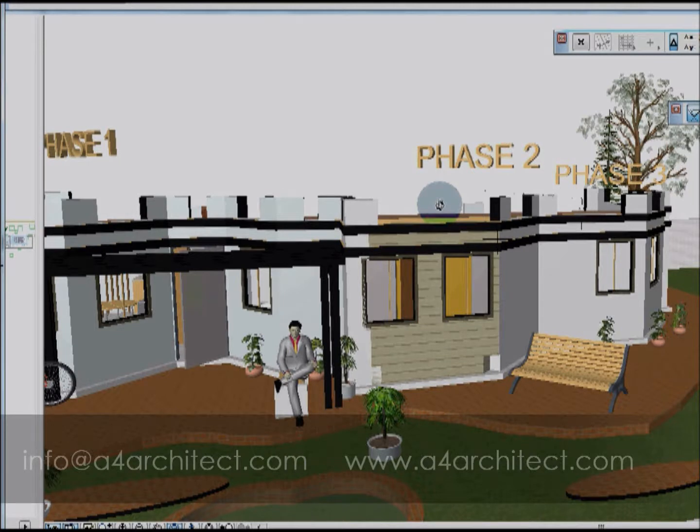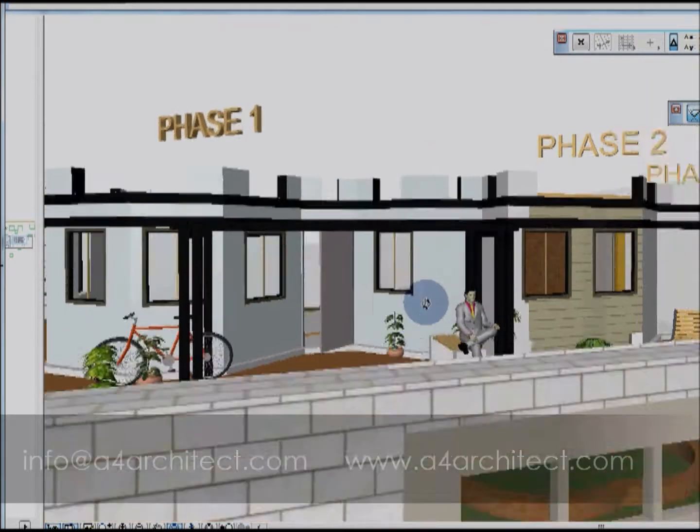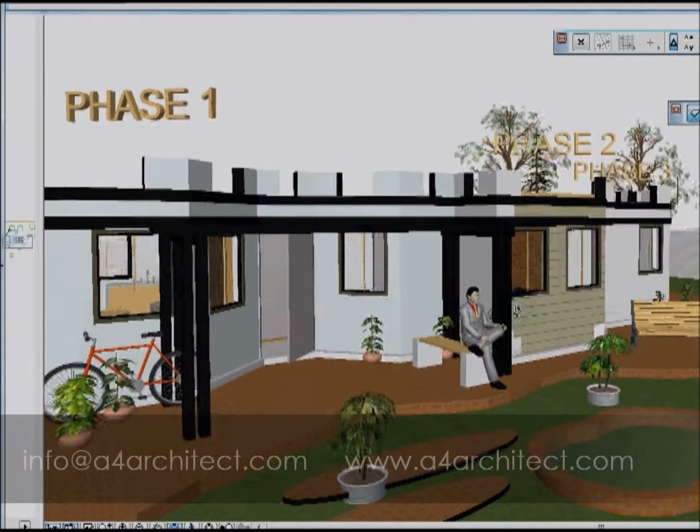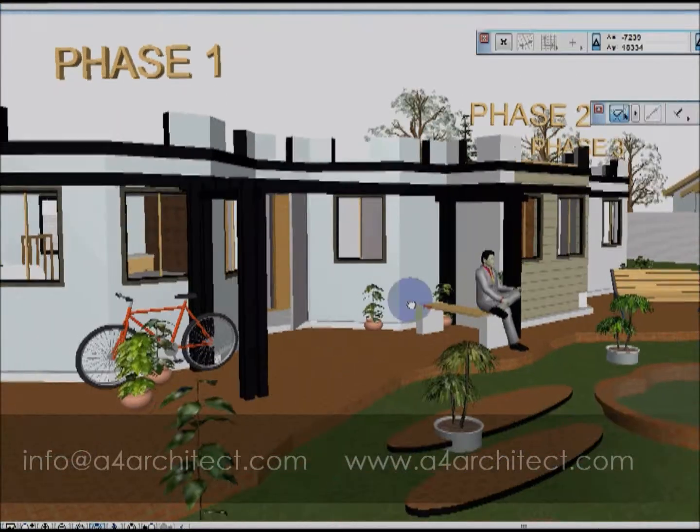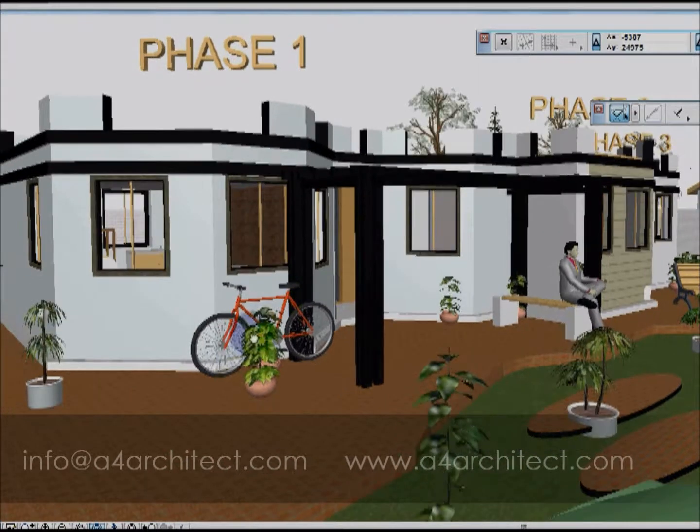And once the space needs increase, they move to phase 2, and if they increase more, they move to phase 3. That is how phased construction effectively manages to enable maximum utilization of resources.